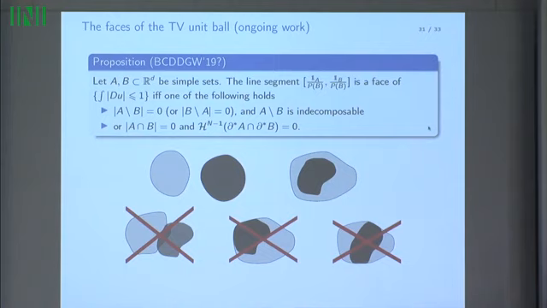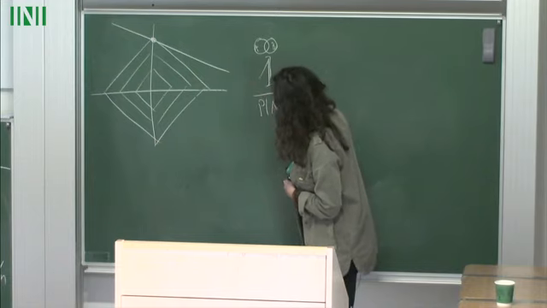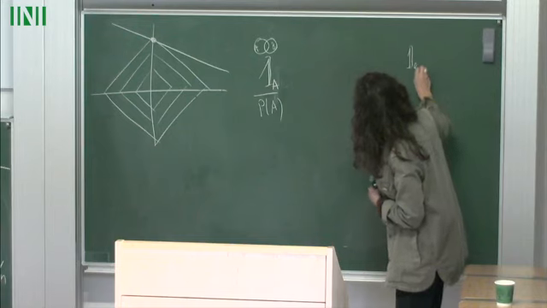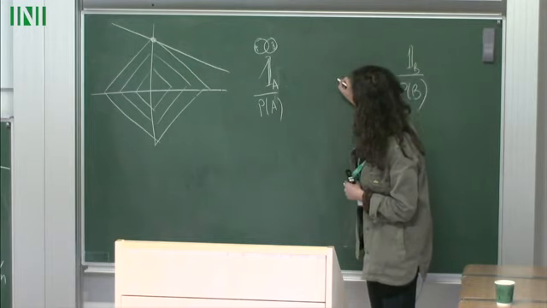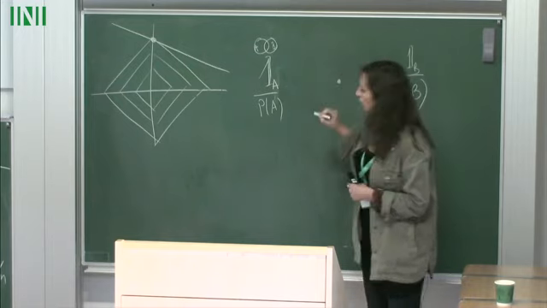Just to give you some intuition why this one, for instance, cannot be a one-dimensional face: you have A and B, like this, and you take a point which is right in the middle of the segment.